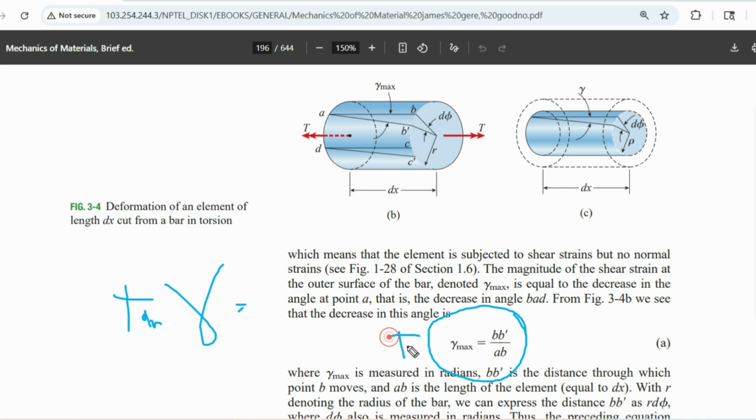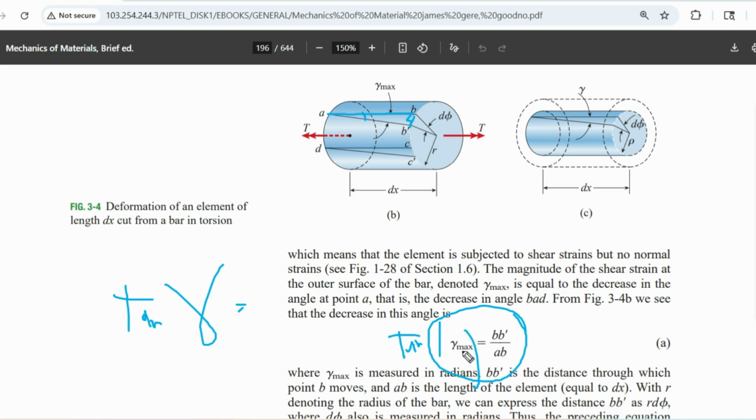Tangent of gamma is opposite over adjacent. So here's my 90. This is my angle. This is the opposite. This is the adjacent. And so BB prime divided by AB.